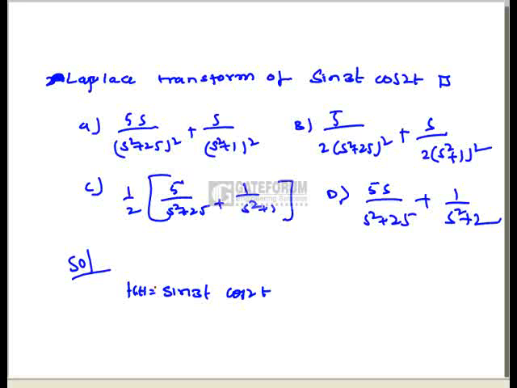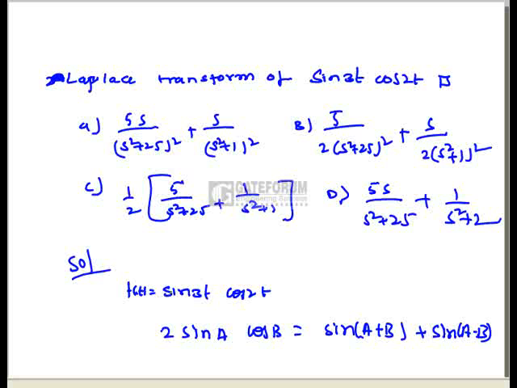We know that 2 sin a cos b is equal to sin of a plus b plus sin of a minus b. Now I am converting sin 3t cos 2t into this equation.